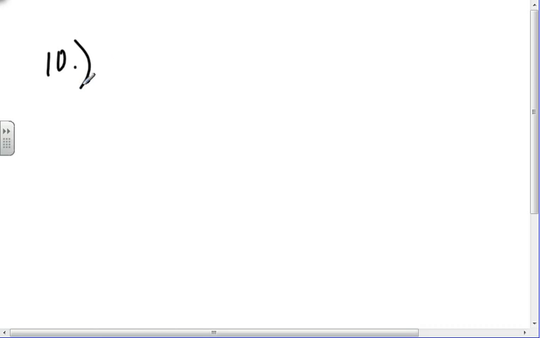Find the derivative. Alright. y equals x cubed.